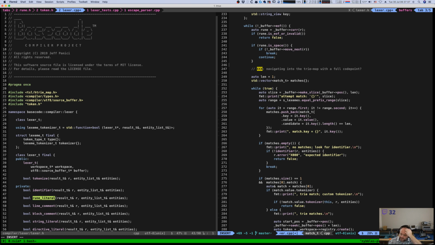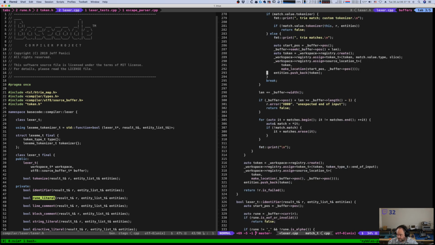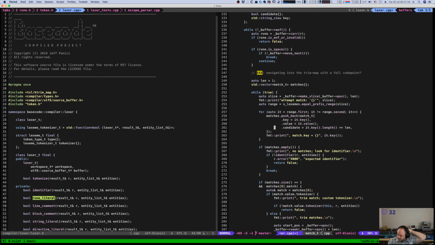I'll make it candidate. Okay, this will be candidate. So we're putting that into that list every time through, and the candidate field is true if the key during this iteration matches the length of the prefix we're trying to match.